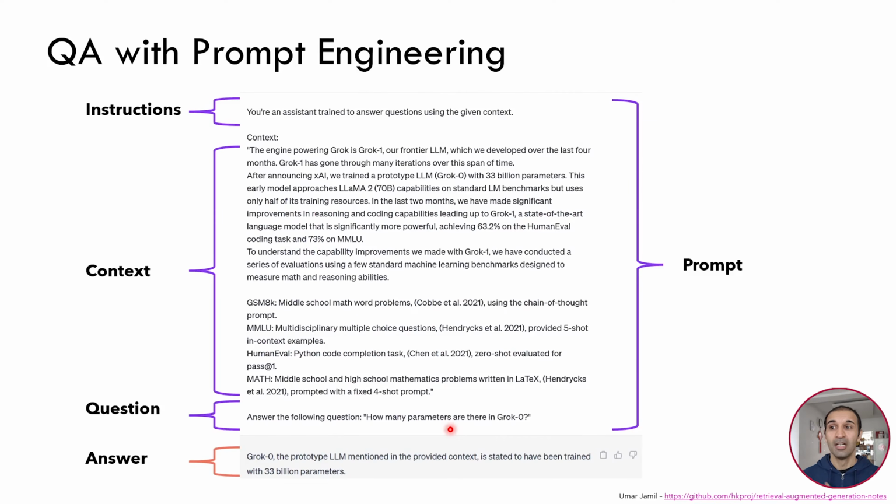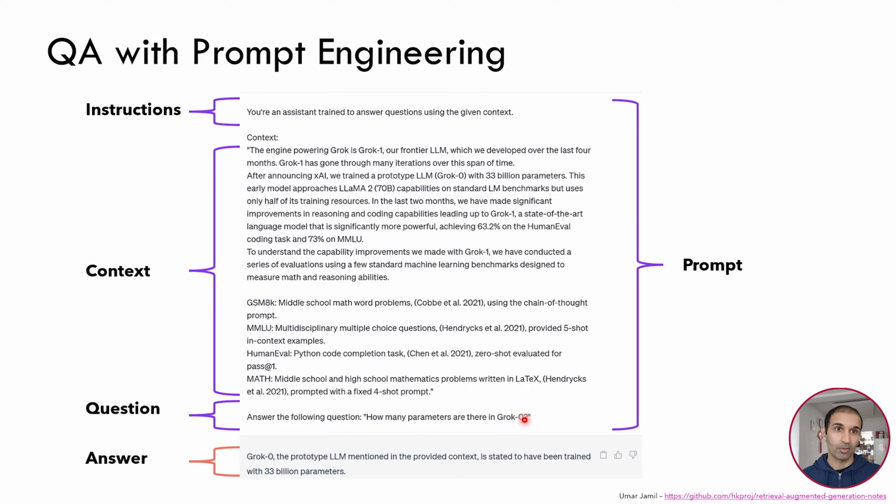And we can use prompt engineering also for question answering with the same kind of reasoning. So we build a very big prompt that includes an instruction part: you are an assistant trained to answer questions using the given context. We provide some context, which is a piece of text in which to retrieve the answer, and then we ask the question to the language model: how many parameters are there in Grok 0?